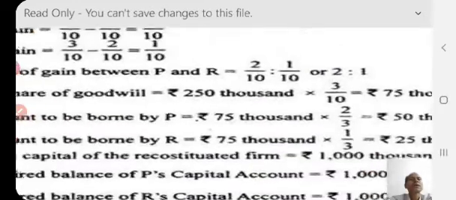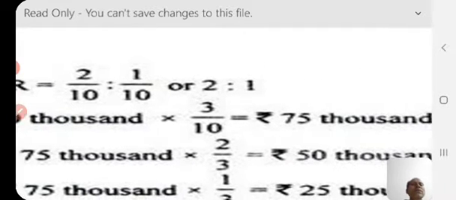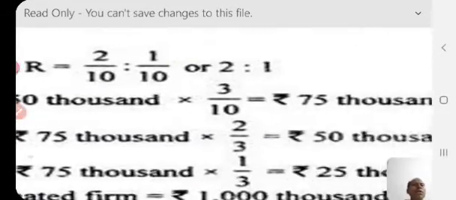So the share of Q in the goodwill is 250,000 into 3 by 10, where 3 by 10 is the old ratio, which is equal to 75,000. 75,000 is the share of Q.